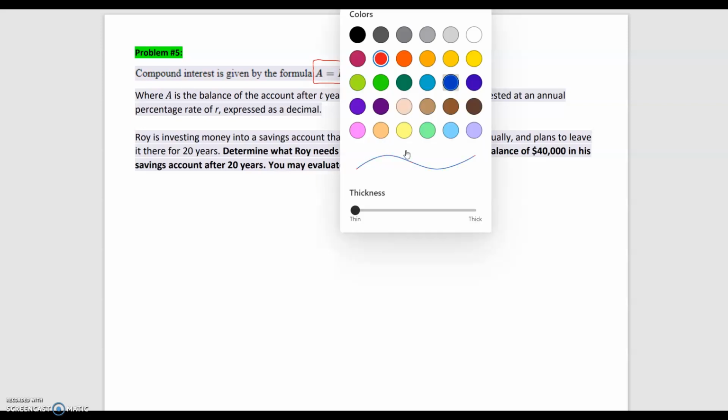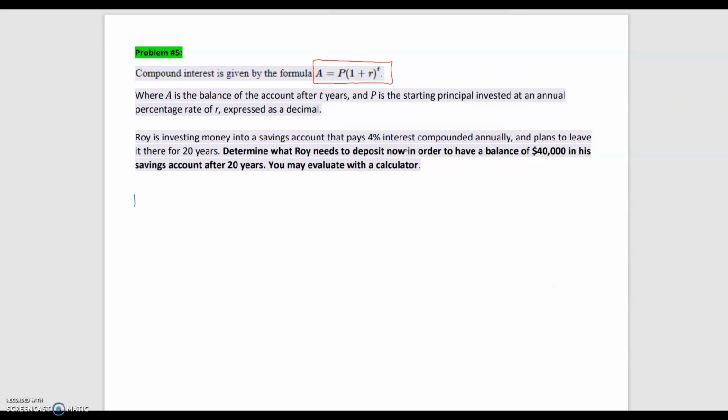So before we jump into evaluating, let me actually put the formula. In this case, it's going to be A. This is equal to P times 1 plus R to the T. Now, for this specific scenario, they want us to find out how much to deposit in order to have a balance of $40,000 at the end of 20 years.